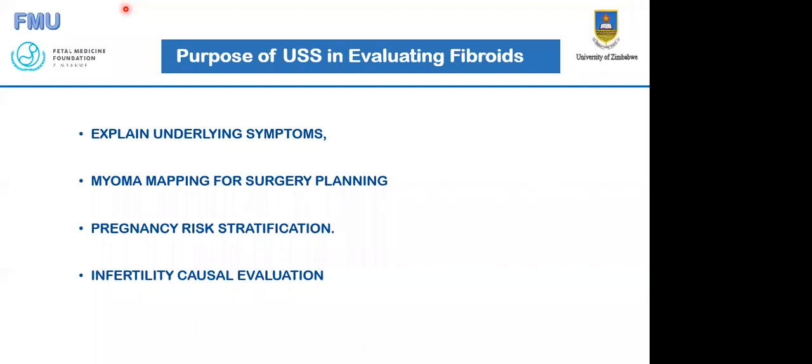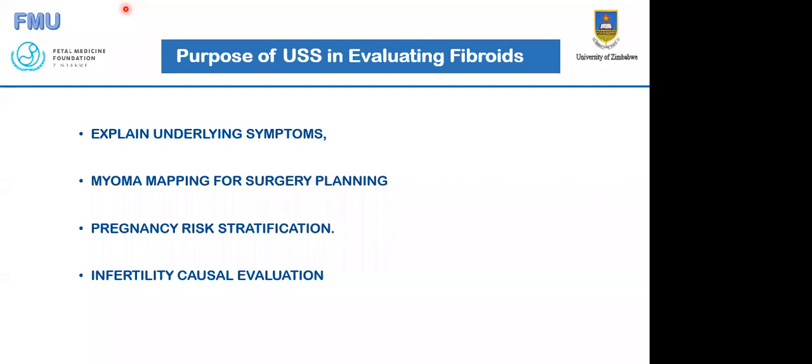If somebody has a submucosal fibroid, certainly this submucosal fibroid may be done through a hysteroscopy, through instruments that are put inside the endometrial cavity, compared to somebody with a fibroid which is subserosal. If people are going to breach the endometrium, they need to understand that they have to breach the endometrium because one of the fibroids is abutting on the endometrium. So myoma mapping is a very important part of fibroid evaluation.